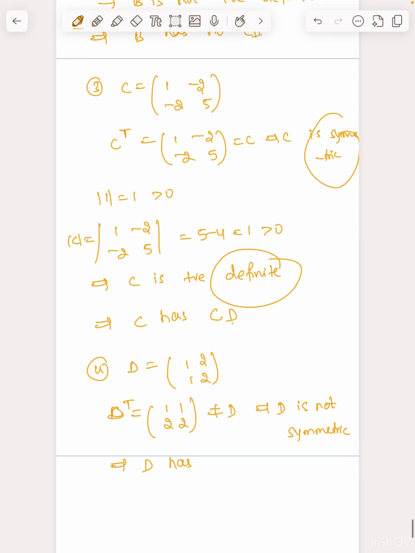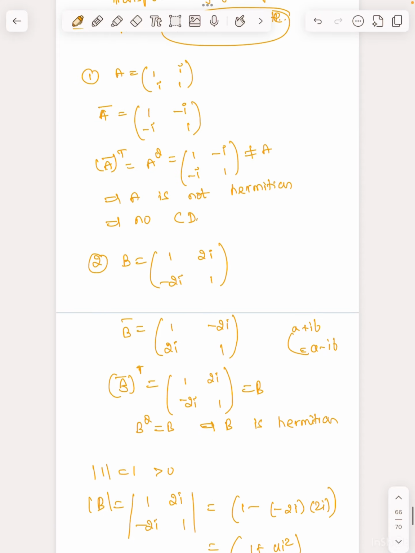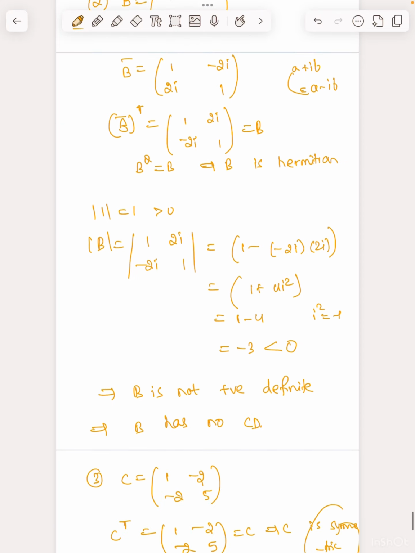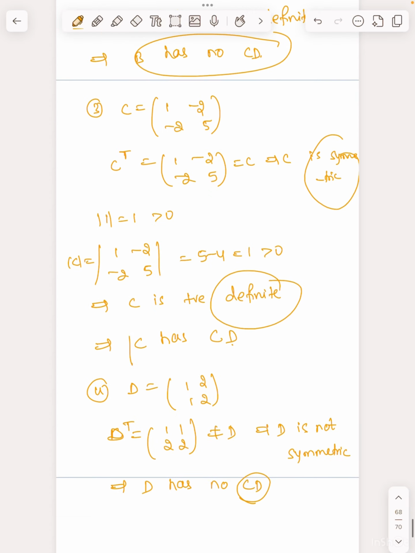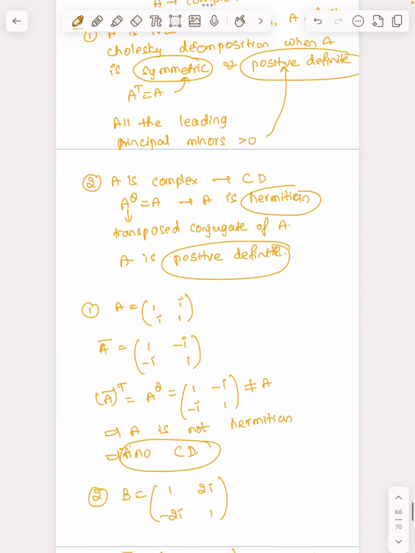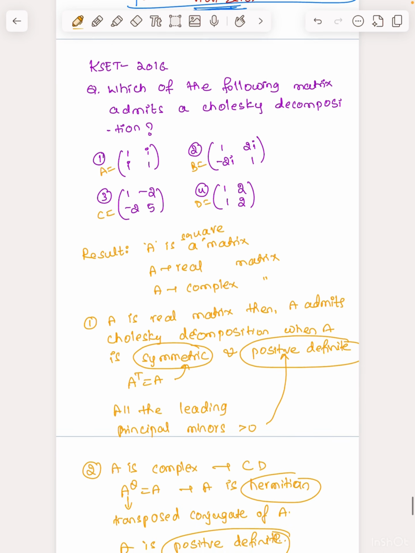D has no Cholesky decomposition. You can observe from the options, A has no Cholesky decomposition, and B has no Cholesky decomposition. C has a Cholesky decomposition and D has none. So in the given options, the matrix given in option C has a Cholesky decomposition. Therefore, the correct option is option 3.